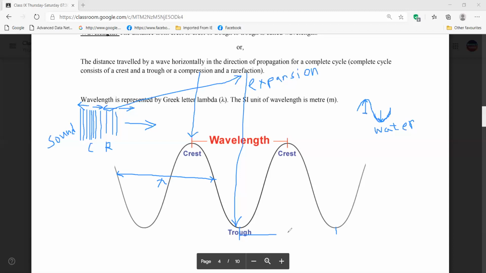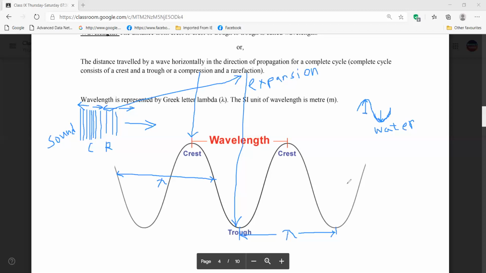So wavelength can be defined in three ways. How many ways can wavelength be defined?